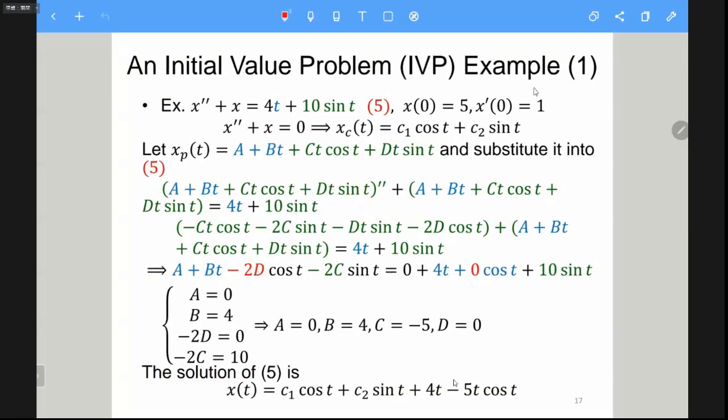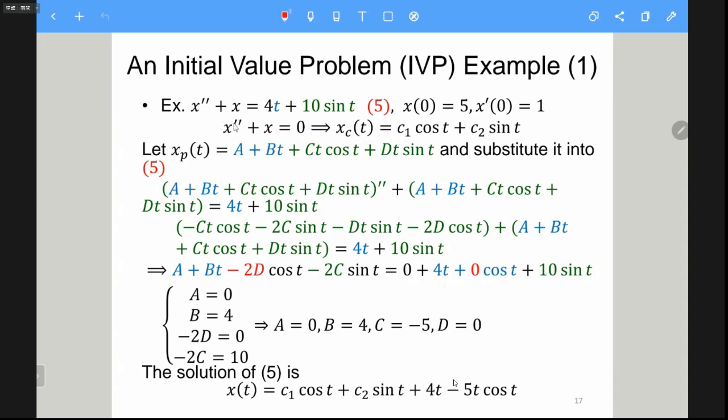Okay, so let's take a look at this initial value problem, which means that we not only have the ODE, but also the initial value. So we can finally determine the unknown coefficient. We try to solve for the homogeneous solution first by making the right side 0.